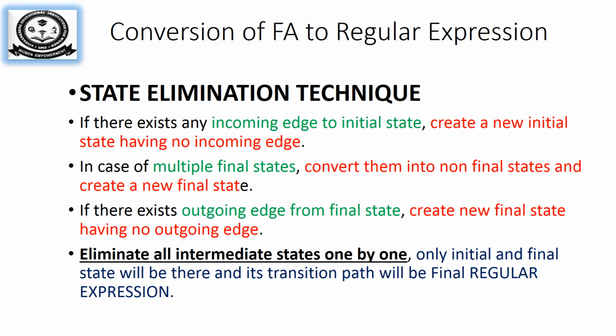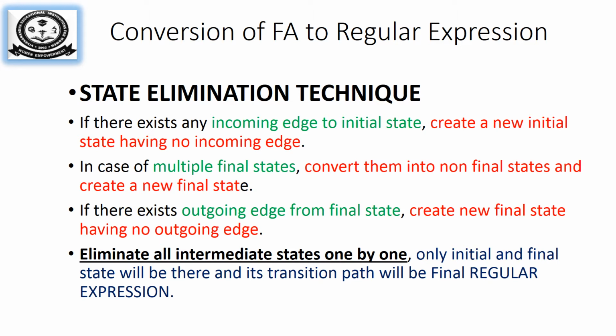The first step is, if the initial state has an incoming edge, we should create a new initial state having no incoming edge. Similarly, if there are multiple final states, convert all of them into non-final states and create a new final state with epsilon.